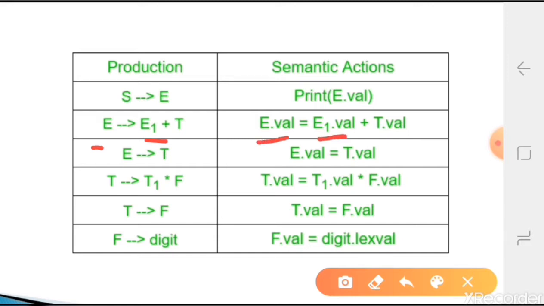To differentiate that, whatever comes before the arrow mark, the left-hand side of the production, we use directly as E, and the right-hand side of the production, whatever comes, we use as E1. Here we write semantic actions. In the production S producing E, the action part, that is the semantic rule part, is just printing whatever E value is there.